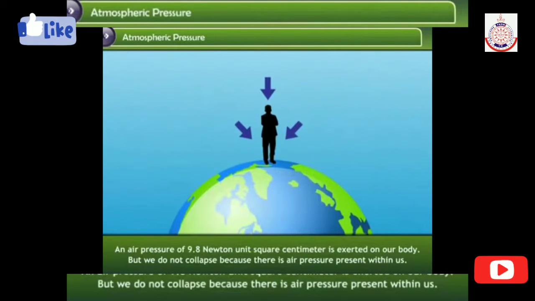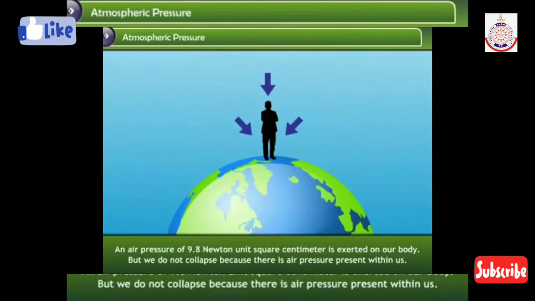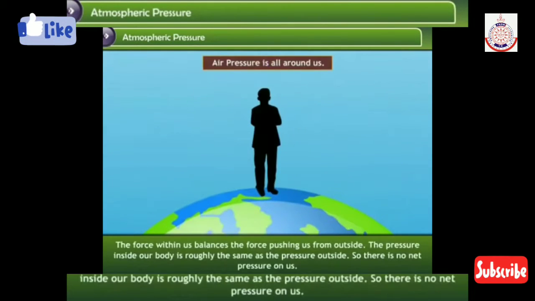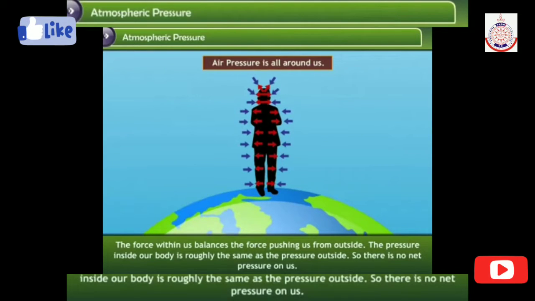An air pressure of 9.8 Newton per square centimeter is exerted on our body. But we do not collapse because there is air pressure present within us. The force within us balances the force pushing us from outside. The pressure inside our body is roughly the same as the pressure outside, so there is no net pressure on us.